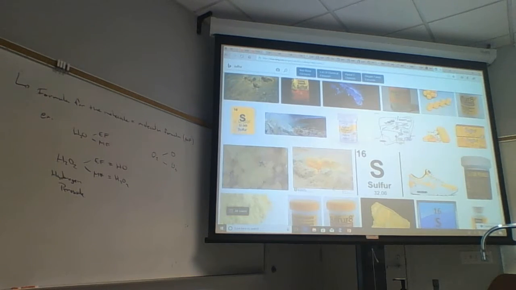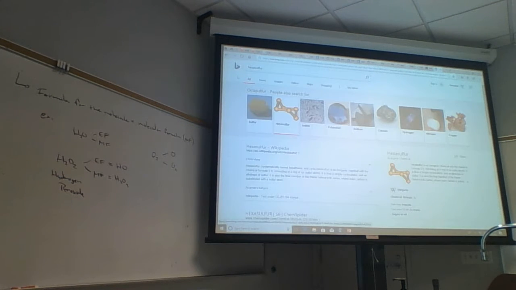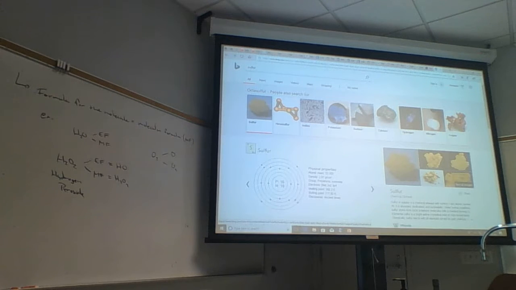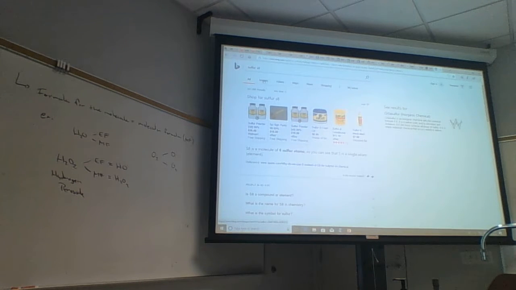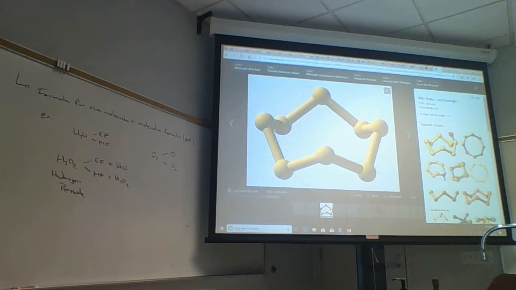Oh, this is hexa. We don't want hexa. The more common one is an 8-membered ring. This is it. And so sulfur actually forms these big molecules.